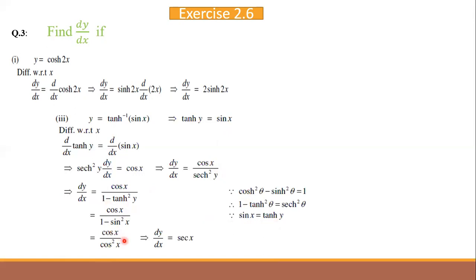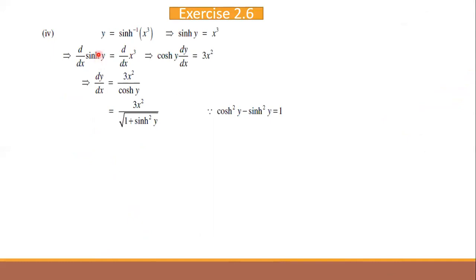And what is the value of 1 minus sin square x according to the basic identity cos square theta plus sin square theta is equal to 1? It is cos square x, and this cos cancels with the power of this. We will get 1 over cos x, and 1 over cos x means sec x. So the derivative of tanh inverse of sin x is equal to sec x.